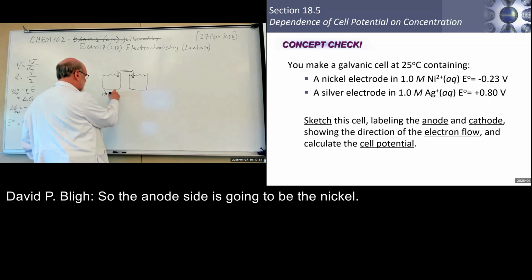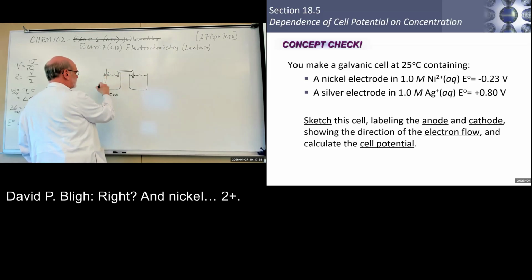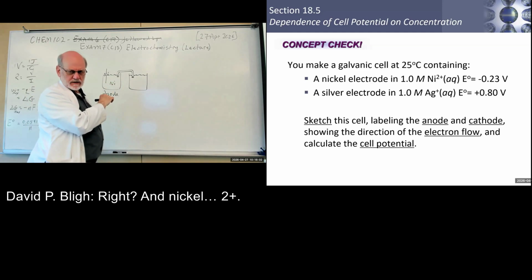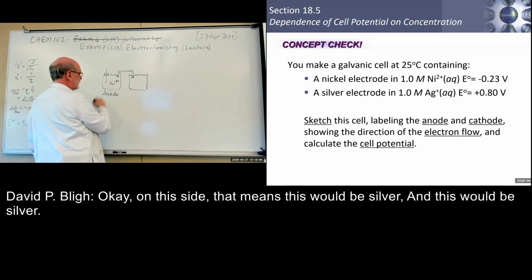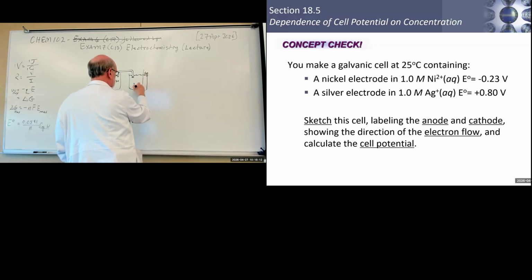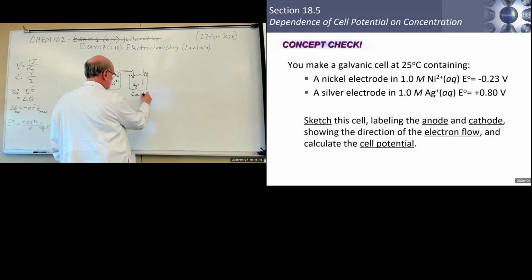So the anode side is going to be the nickel, right? And nickel 2 plus here. On this side, that means this will be silver, and this will be silver plus, the cathode.